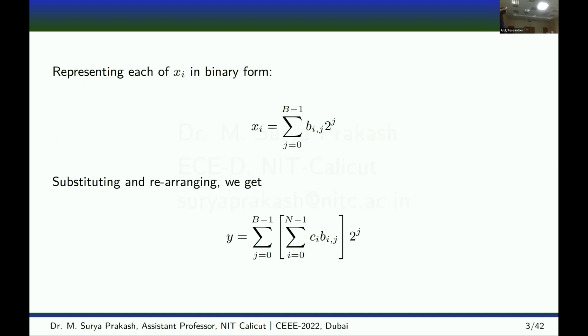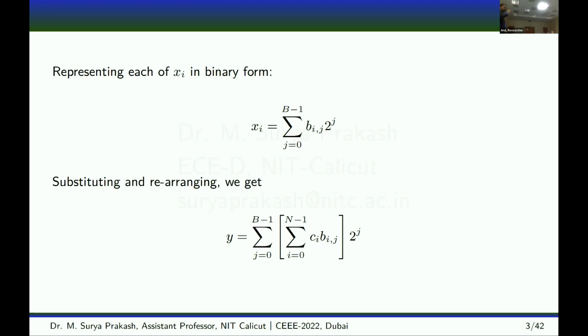Clearly we have used a total of capital B number of bits to represent Xi in binary form. If we substitute this equation in the inner product equation, this is the form it takes. If we rearrange the summations in this particular order, we arrive at this equation.